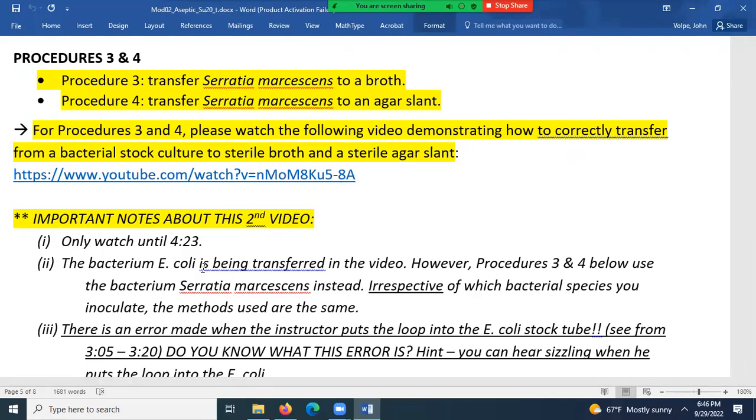It's not a color, so it's not pigmented. Whereas Serratia marcescens is pigmented, it will be either reddish on a solid media or pinkish on a liquid media.